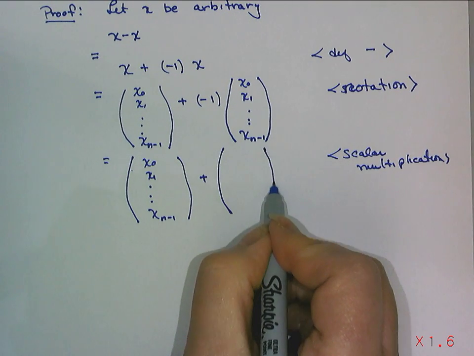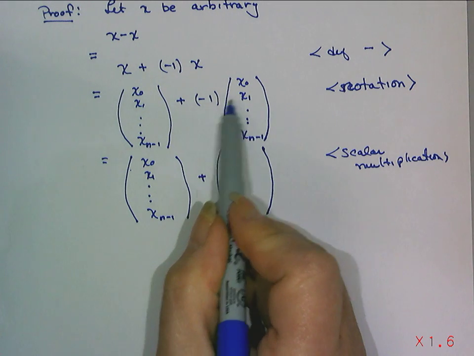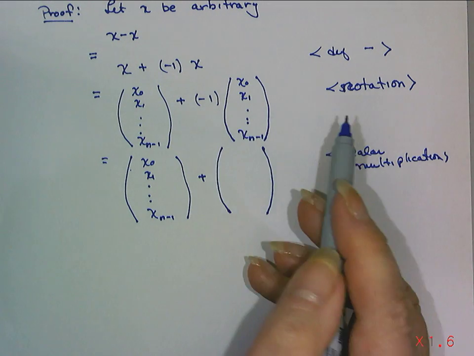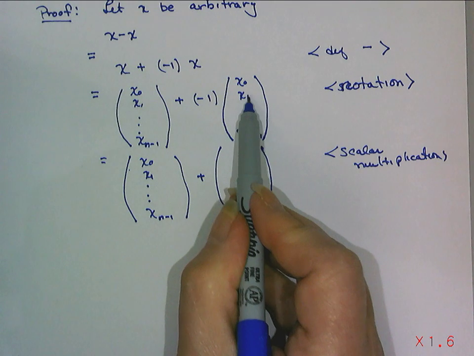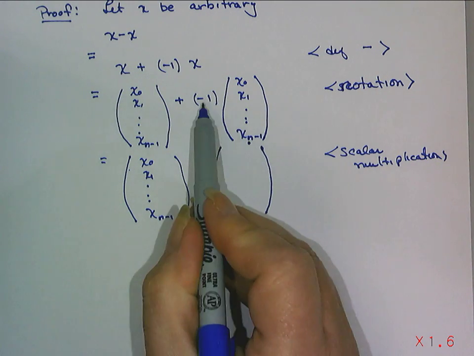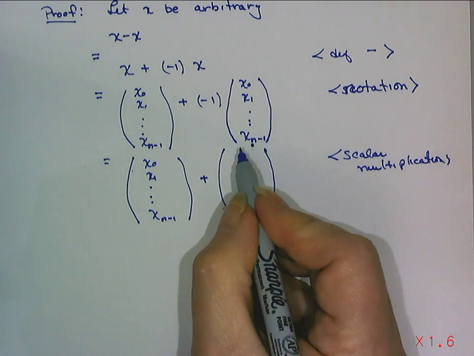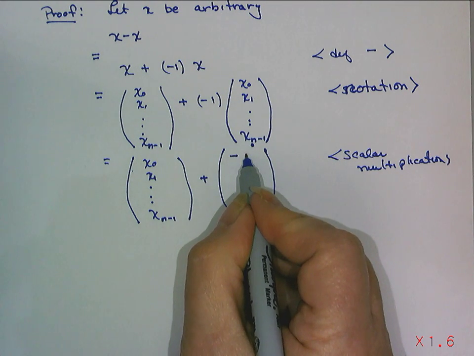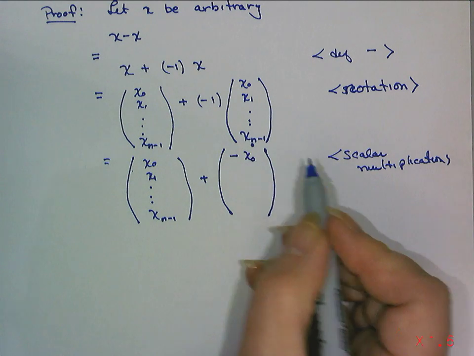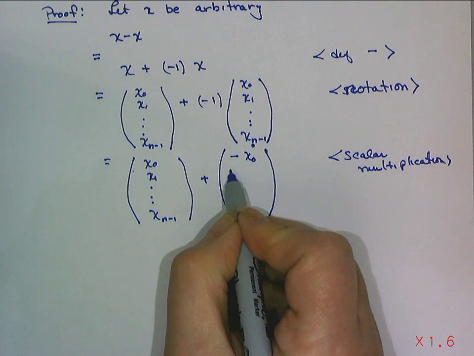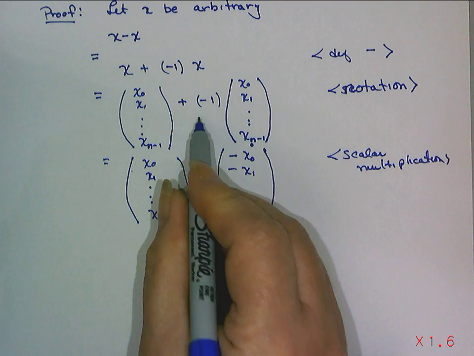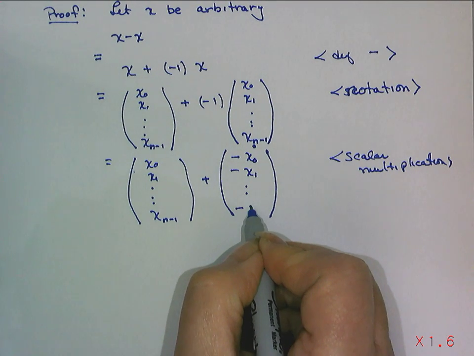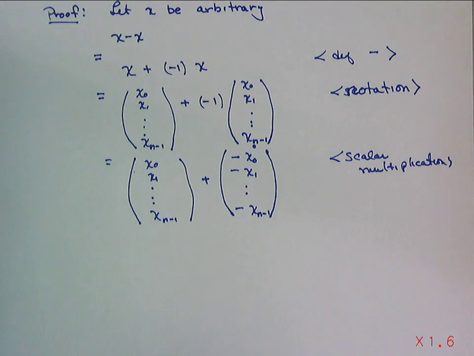To determine this scalar multiplication, we take each of the components of x and multiply them by -1, resulting in -1 times chi0 is negative chi0, -1 times chi1 is negative chi1, and so forth, negative chi n minus 1.